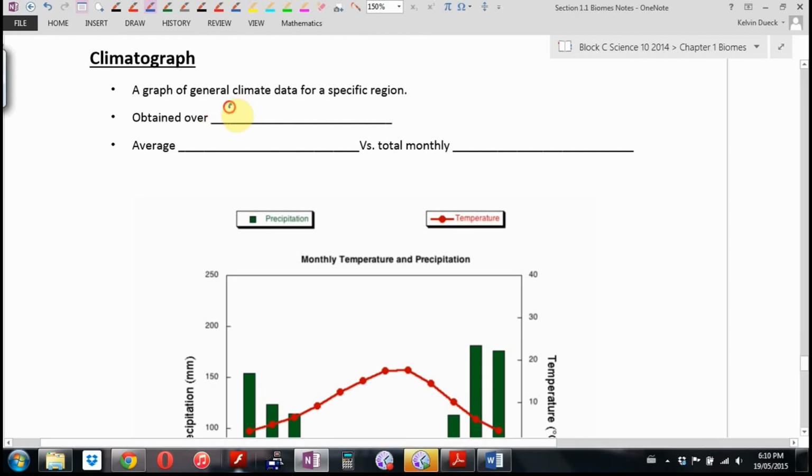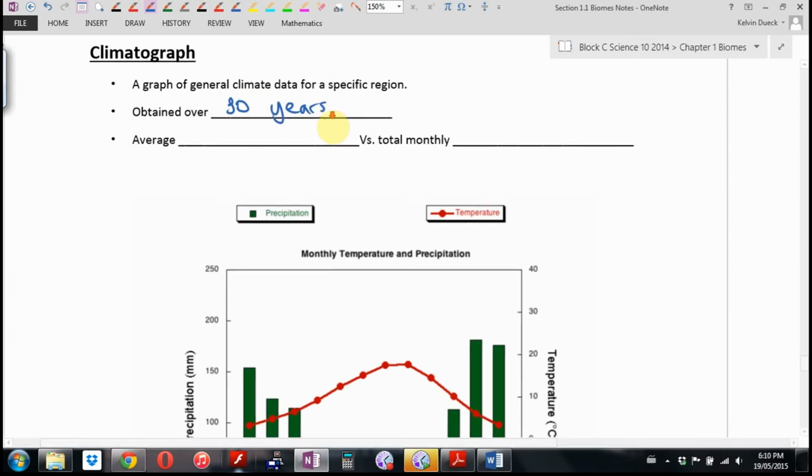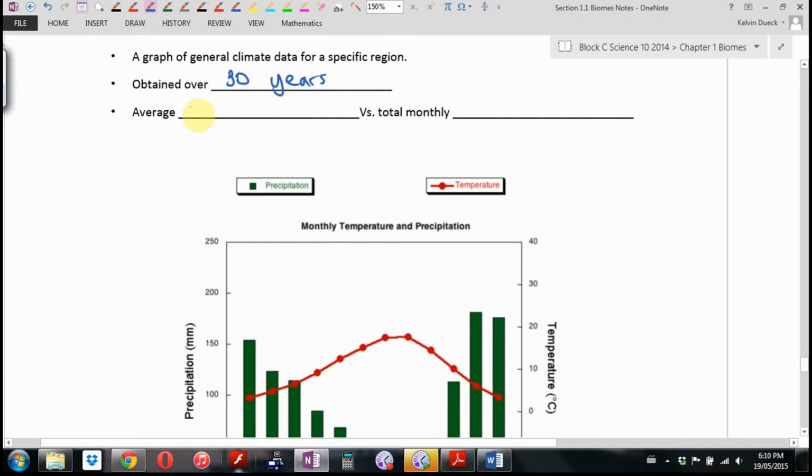They are obtained over 30 years, which helps to smooth out any unusual winters or summers or springs. And they have average, well, what? Monthly temperature versus total monthly precipitation.